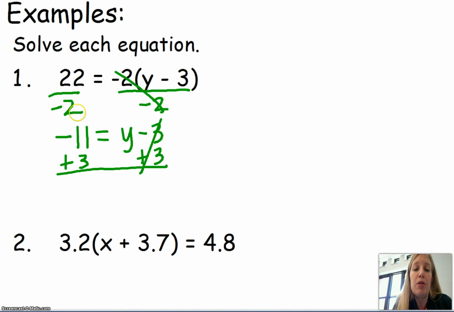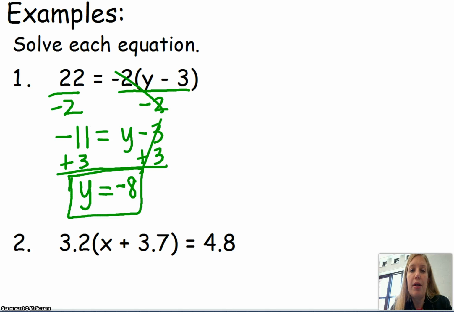We get y, and notice I'm going to bring that over to the left side, equals -11 plus 3. So what I'm going to do is subtract them, and you get 8, and it's negative because 11 is bigger than 3. Again, you may use a calculator for each problem.